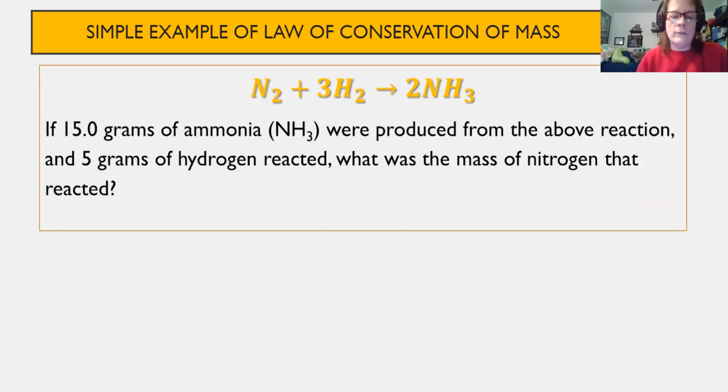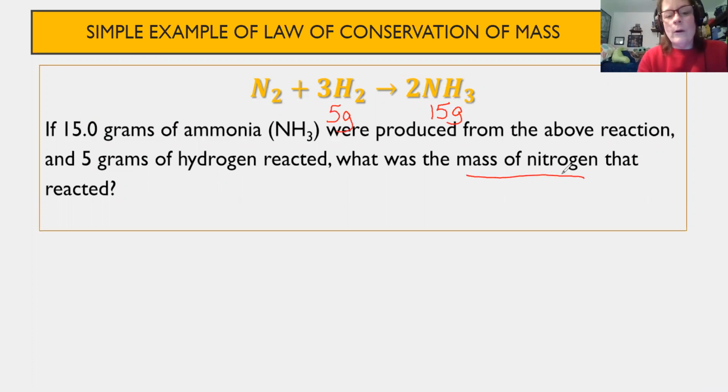It's basically the whole law of conservation of mass. You have to have the same amount on the reactant side as you do on the product side. So if you have 15 grams of ammonia, and let me write on this so I can show you visually, which is right here, and you had 5 grams of hydrogen, they want to know what the mass of nitrogen would have to be.